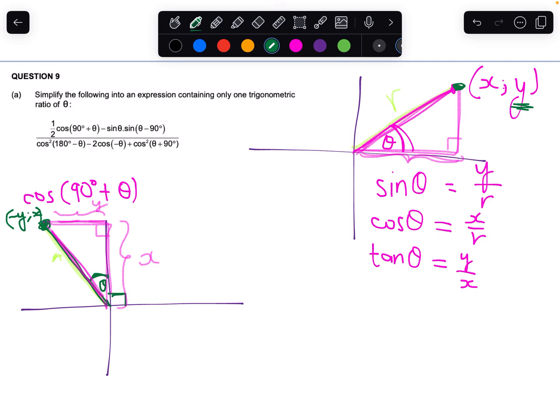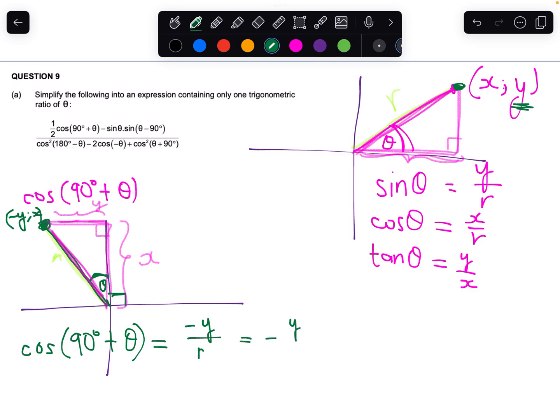So now this allows us to get the trig ratios for 90 plus theta, and we're more specifically interested in cos. So cos of 90 plus theta. We know that we get cos by looking at whatever the x coordinate is, in this case negative y, over r.